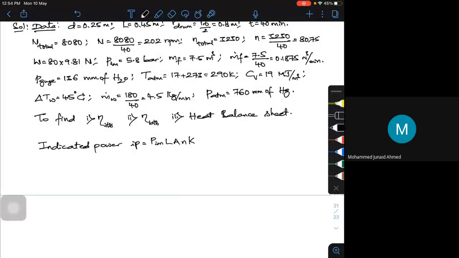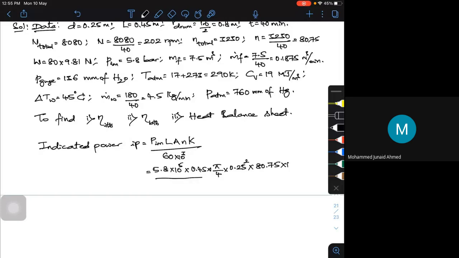Now let us put all the values. 5.8 into 10 to the power of 5, that is 5.8 bar, into stroke length 0.45, into area, which is pi by 4 into 0.25 squared, into n is 80.75, and K is 1, it's a single cylinder, divided by 60 into 10 to the power of 3.